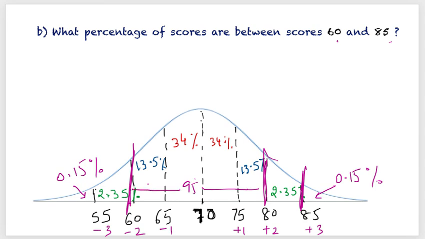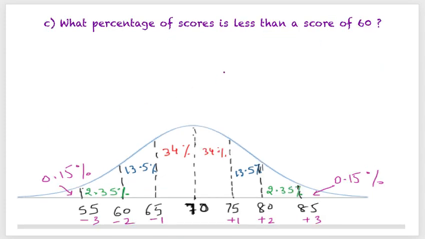So instead of adding everything, I have to just add this part, which is 2.35. So my answer will be 95% plus 2.35%, which turns up as 97.35 percentage. So between 60 and 85, the total area covered is 97.35.